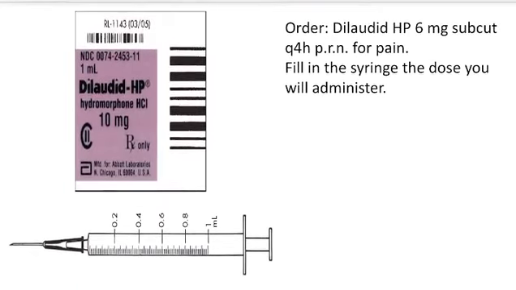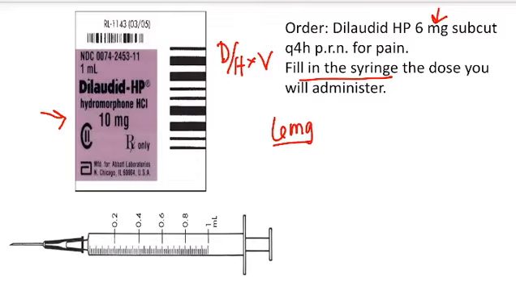Another one, let's see, fill in the syringe. Okay, so in order to fill in the syringe, I need to know how much volume I need. How do I solve that? I need my doctor's order and I need my drug label concentration. This is going to be a D over H times V calculation. What's my D? My doctor's order is 6 milligrams. What do I have? I have 10 milligrams times 1 milliliter.